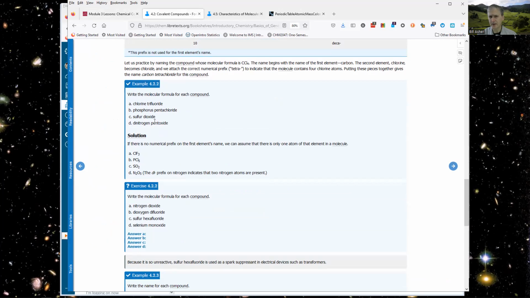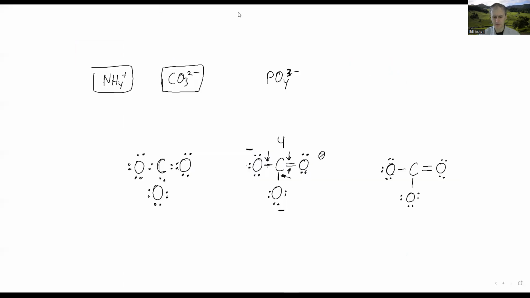All right. So let's look at sulfur dioxide, and we'll try and draw the Lewis structure, and we'll work through that as an example. I don't think that's a weird one where it breaks the octet. Okay. All right. So SO2.